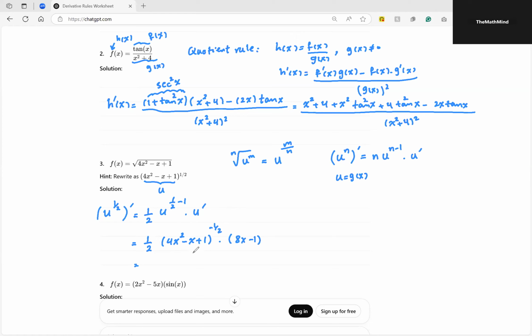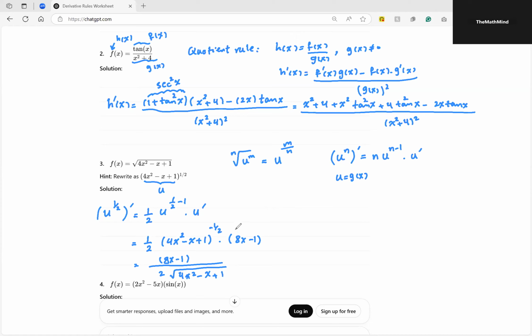You can move it to the denominator to see the radical form and also the positive exponent. So it can be written like this: 8x minus 1 divided by 2 square root of 4x squared minus x plus 1.